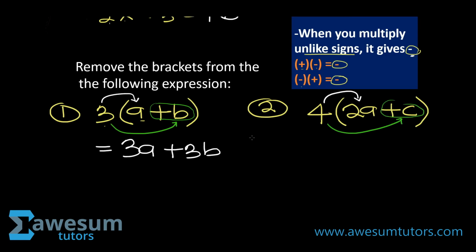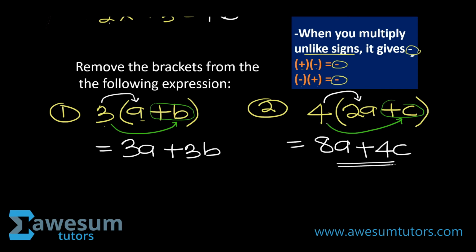So in that case, what am I going to have? It's going to give me 4 times 2A. That is going to be 8A. 4 times C gives me 4C, and then you have plus here, so that's plus 4C.